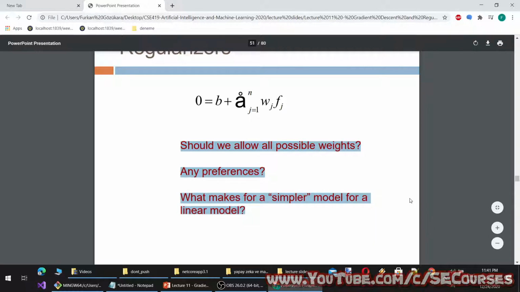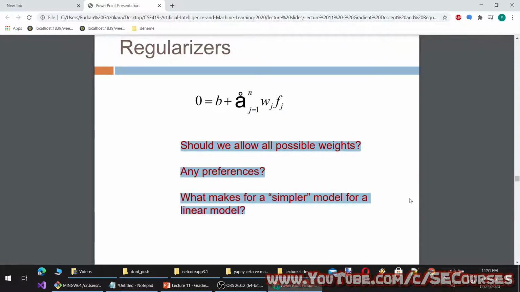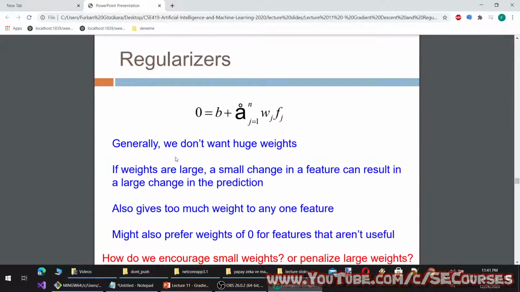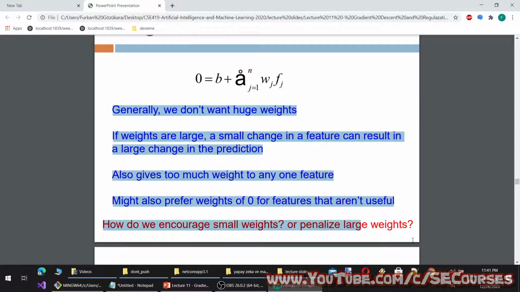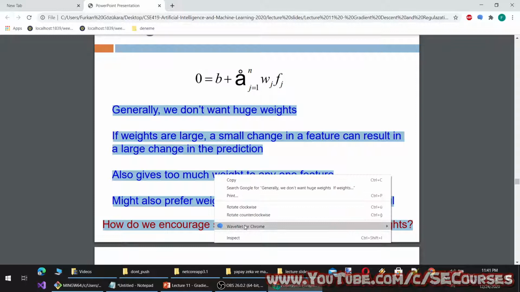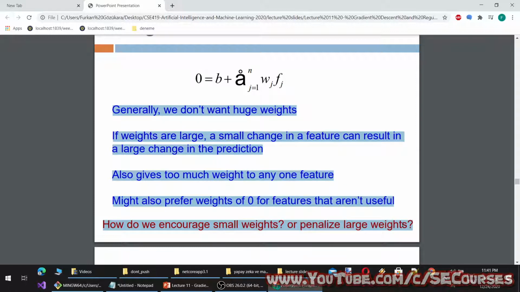Should we allow all possible weights? Any preferences? What makes for a simpler model for a linear model? Generally, we don't want huge weights. If weights are large, a small change in a feature can result in a large change in the prediction.